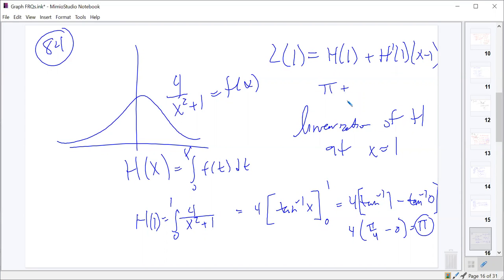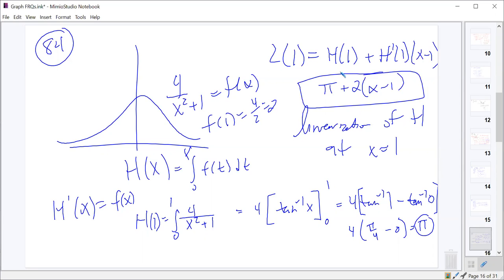And then h prime of x is just equal to f of x. So if we look for the value of f of x at 1, f of 1 ought to be 4 over 2, which is 2. So it should be pi plus 2 times our x minus 1 value.